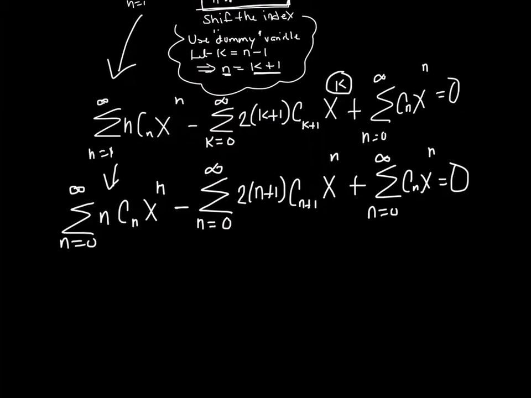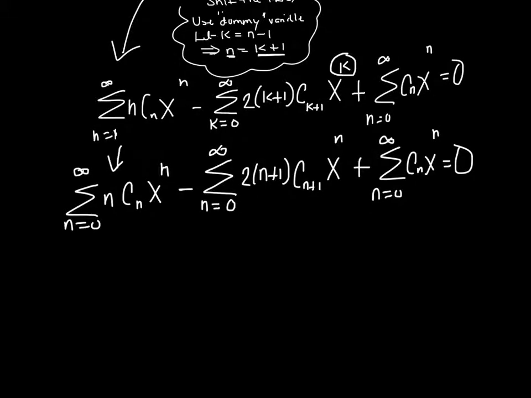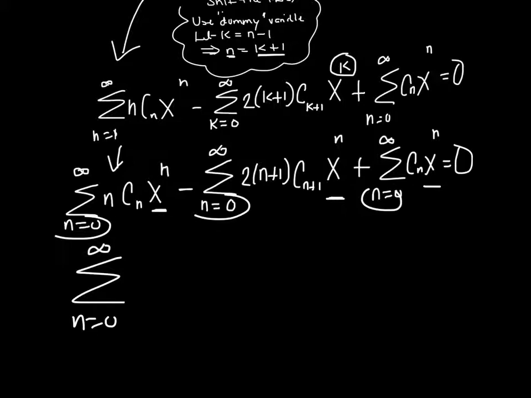Now we can use power series operations to simplify these infinite sums. If you want to look at the power series operations, you can look on page 196. Basically here we have x to the n, x to the n, x to the n, and they all start at n equals 0. So I'm allowed to write, starting at n equals 0, obviously an infinite sum, and I'm going to factor out that x to the n.